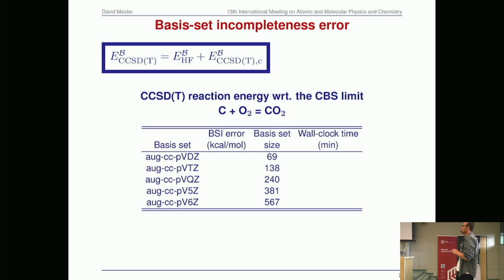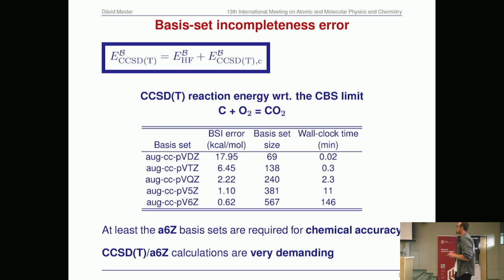By inspecting a very simple chemical reaction, we can conclude that the BSI error decreases with increasing basis set size. However, at the same time, the number of basis functions used for the calculations and the wall times steeply increase.